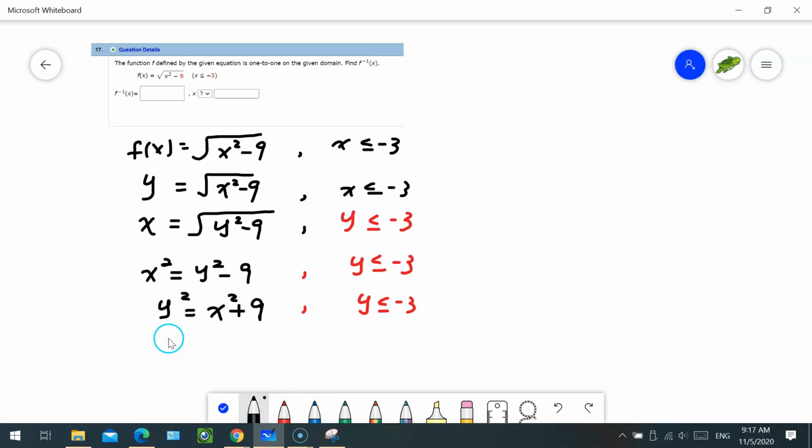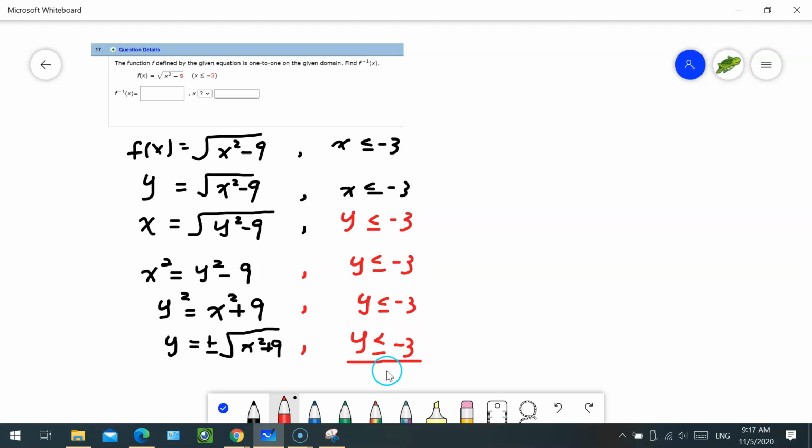Solve for y. So we will have y is equal to plus or minus the square root of x squared plus 9. And the domain still has the restriction on y less than or equal to -3.